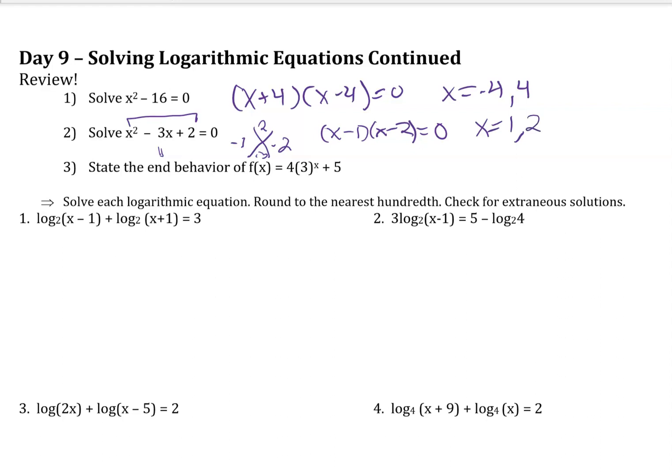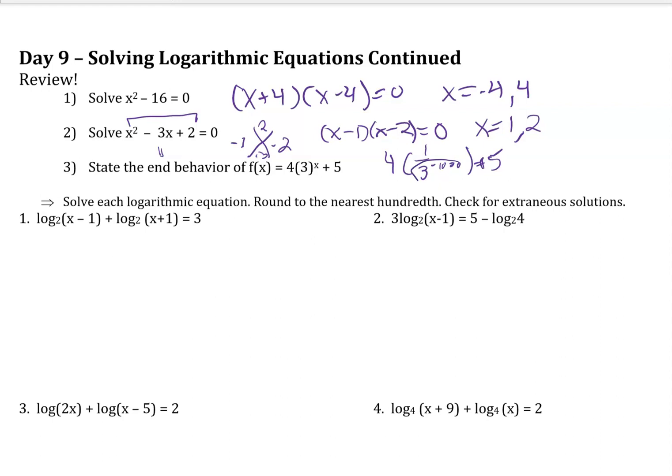State the end behavior of this function, 4 times 3 to the x plus 5. Well, if x is a large negative number, this becomes 4 times 1 over 3 to a large positive number, like 1,000 or something. And then we add 5. What's happening here?